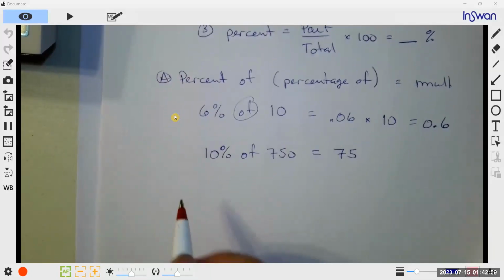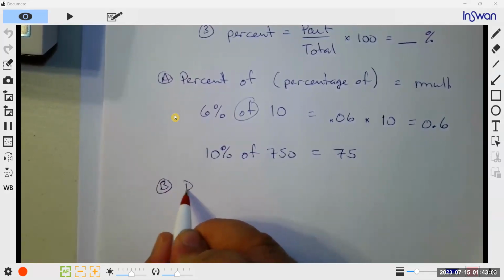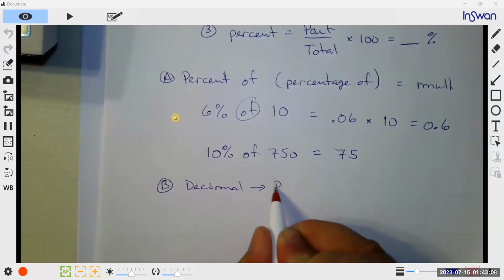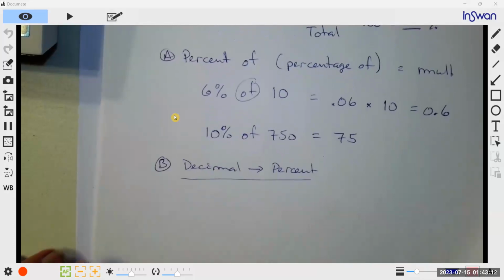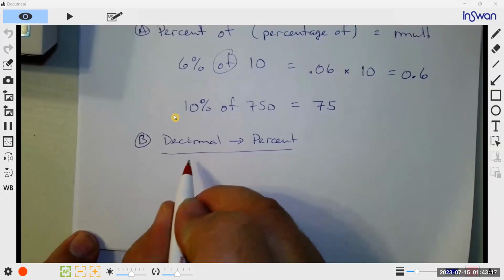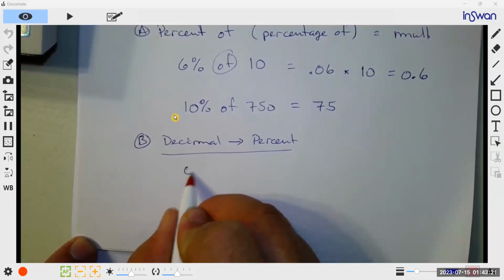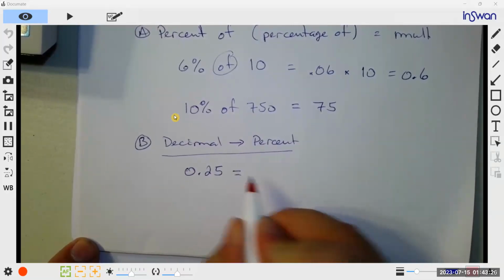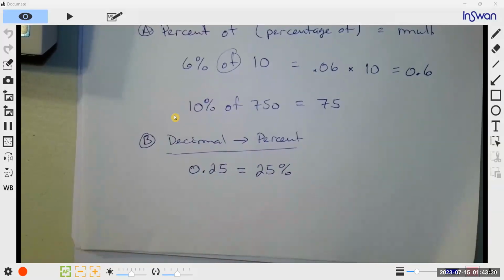So let's look at how we convert things. We're going from decimal to percent. So if I had 0.25, that's the same as 25%.